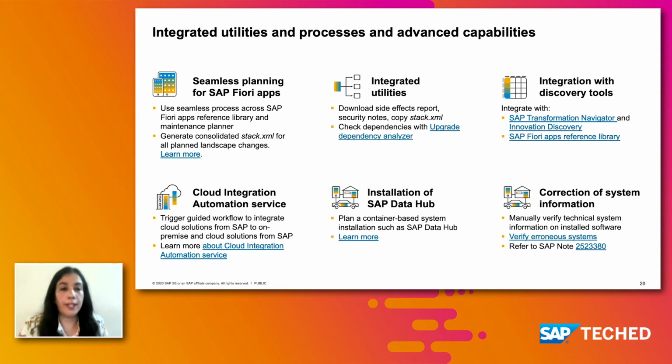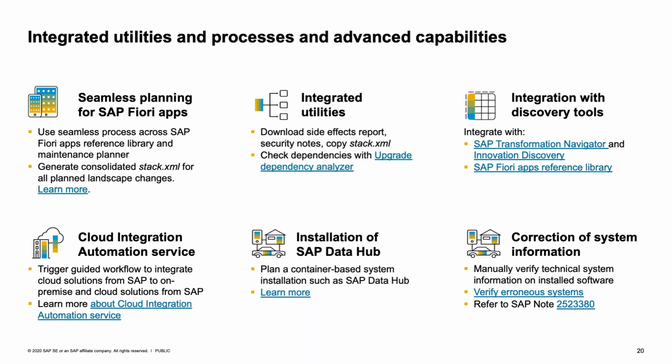Now coming to the correction of system information. Sometimes the system data cannot be verified exactly, and these systems are then marked as erroneous and indicated in red in Maintenance Planner. We offer a guided verification procedure to generate a CC file. This is the corrective file.